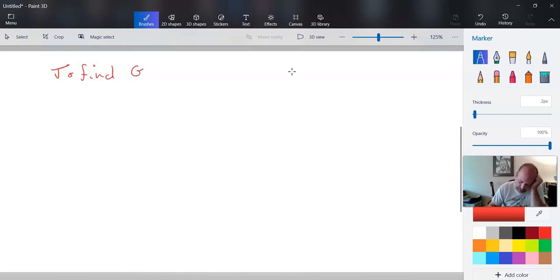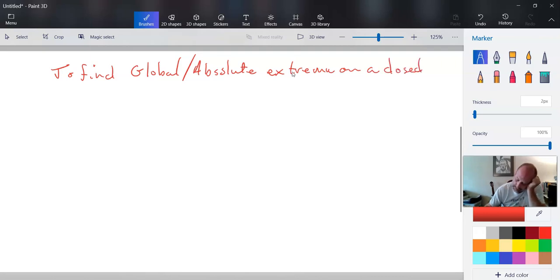To find global or absolute extrema, your book calls it absolute more often, we want to find global or absolute extrema on a closed interval.